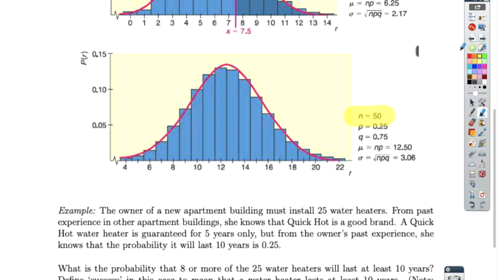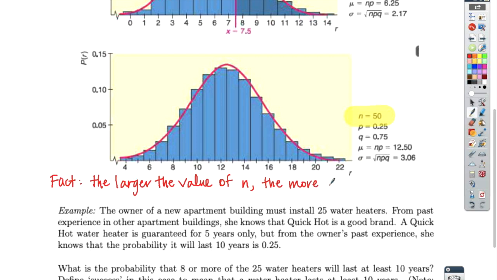So I think what we can probably conclude from this is, much like we saw in the previous section, the larger the value of n, in our case, the larger the number of trials, the more normal, and by normal I mean that bell curve shape, the more normal the distribution.